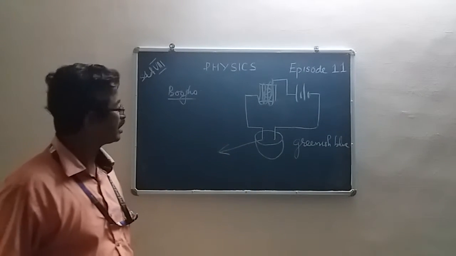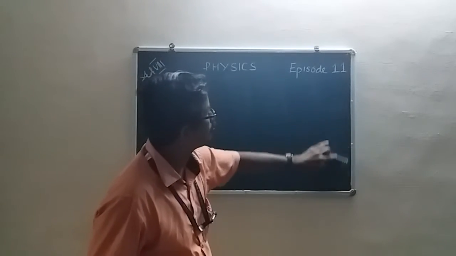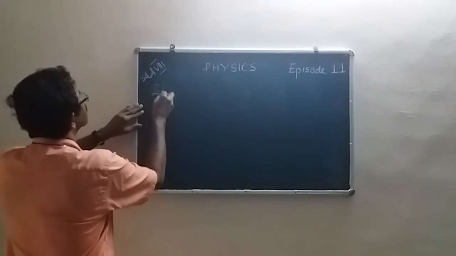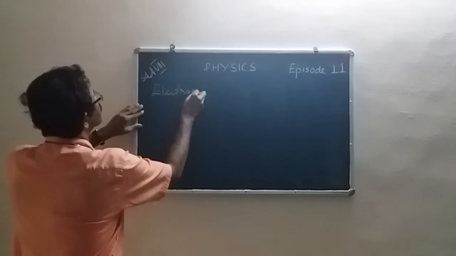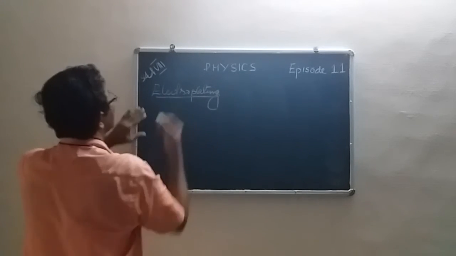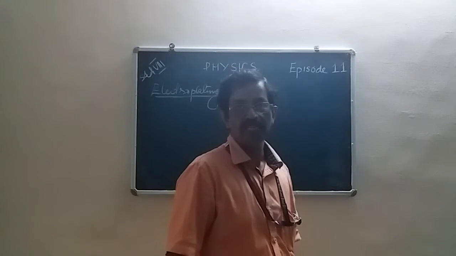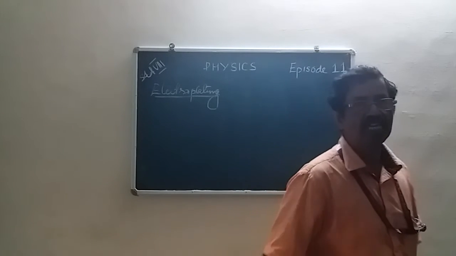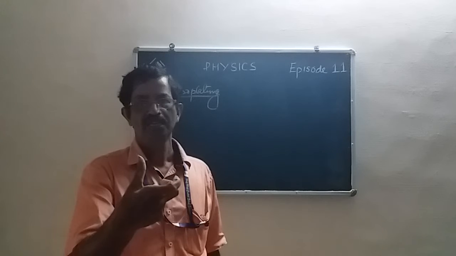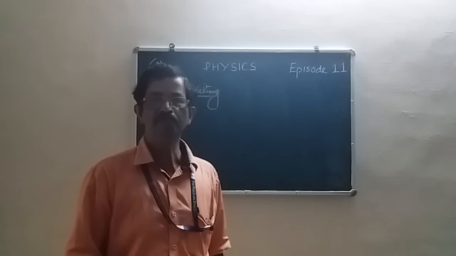Now we want to discuss another term, electroplating. What is the new term? Electroplating. Just before, while discussing electrolysis, we saw that electrolysis is the breakdown of a solution when electric current passes through it.